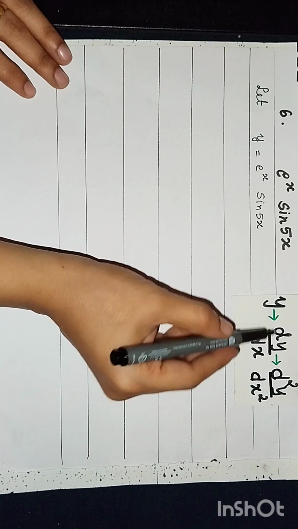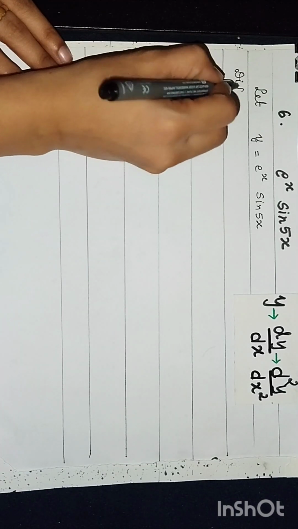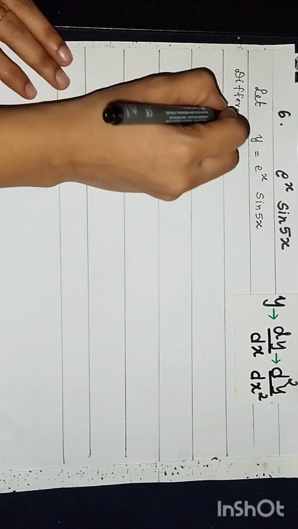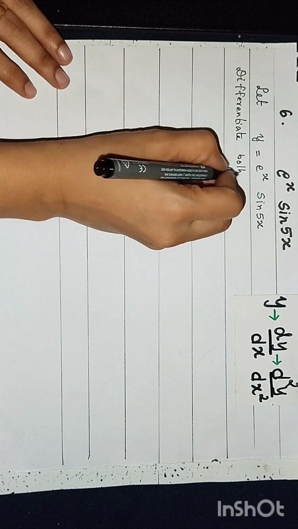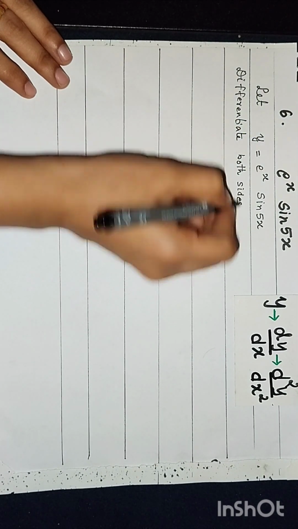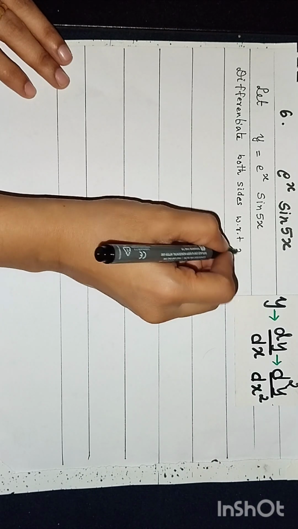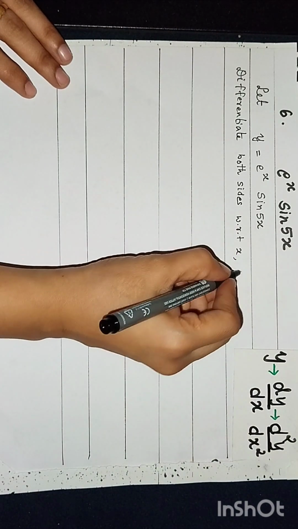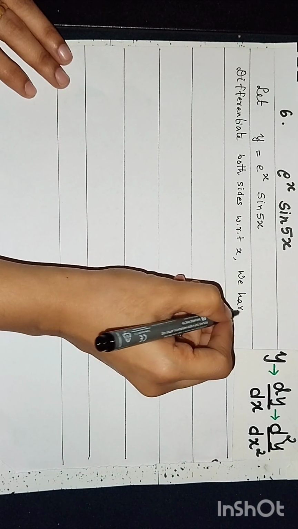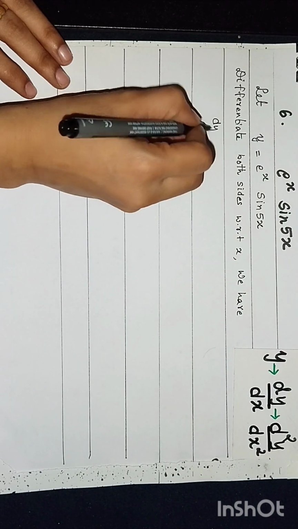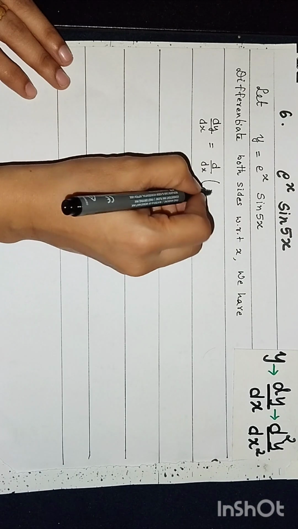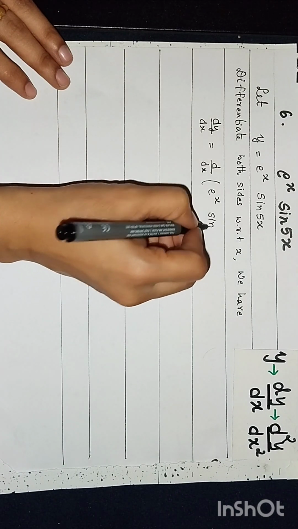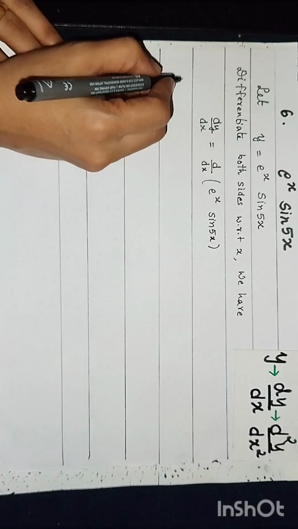We have to differentiate both sides with respect to x. We have dy by dx is equal to d by dx of e to the power x sine 5x.